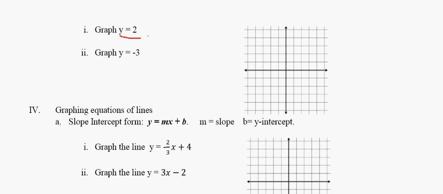So let's go ahead and graph some horizontal lines. Again, we'll graph the first one in red. y equals 2. I'm simply going to go to 2 on the y-axis, and I know I have a horizontal line, so I draw a horizontal line through that.